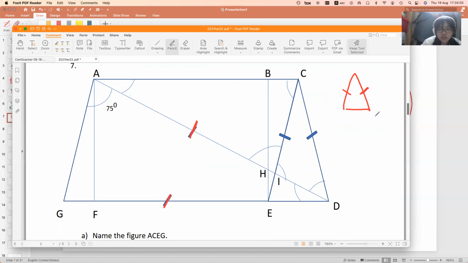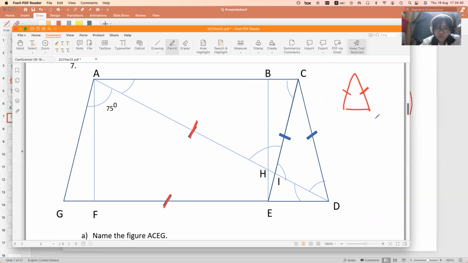The two sides are equal, and then... Hold on, let me refer.